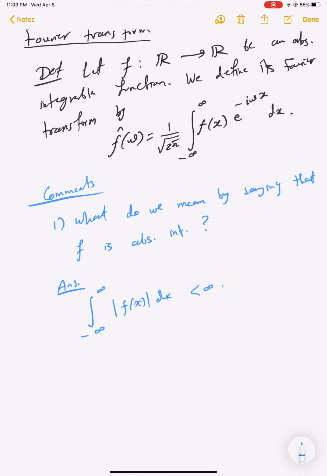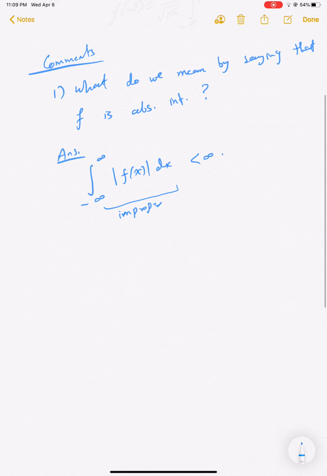This integral is an improper integral. As an improper integral, you can have it finite or infinite. You need to discuss the convergence of the improper integral, and it is very possible that the improper integral is divergent. Now, when we say the function is absolutely integrable, we mean the integral of the absolute value is finite.